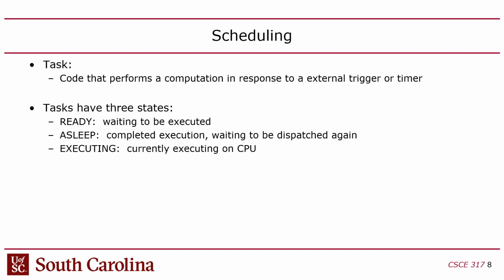There are other tasks that have the CPUs at that moment. A task can be asleep, meaning that it's completed execution and it's waiting to be reinvoked, run again, essentially. Or executing, meaning that it's currently on a CPU running.